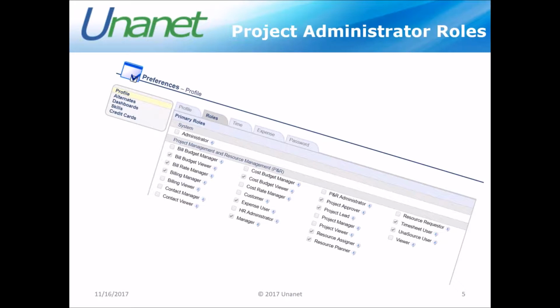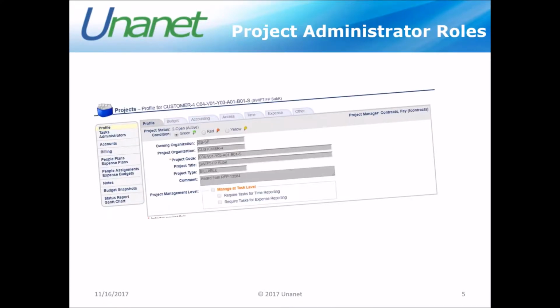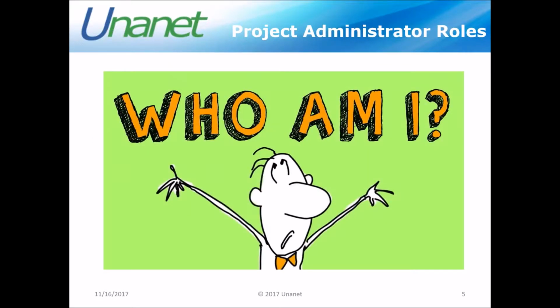So you think, well, I ought to be able to do what I'm supposed to do. And then when you go into Unanet, there are a bunch of grayed out fields, so you can't do the things that you thought you could do. That sort of gives us a little bit of an identity crisis.